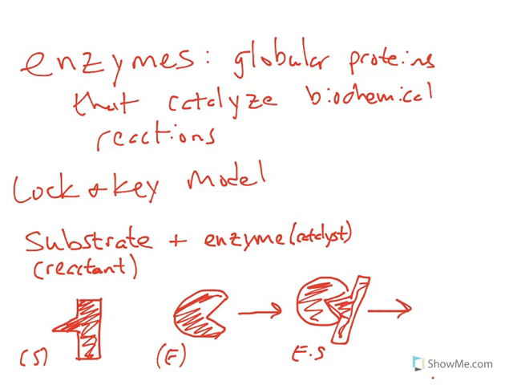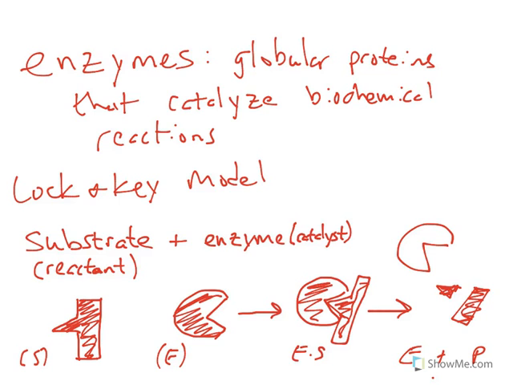And then what ends up happening now is your enzyme releases after it does its job, breaking up the substrate into two different products. So this is what you call E and P. So it's catalyzed this reaction.